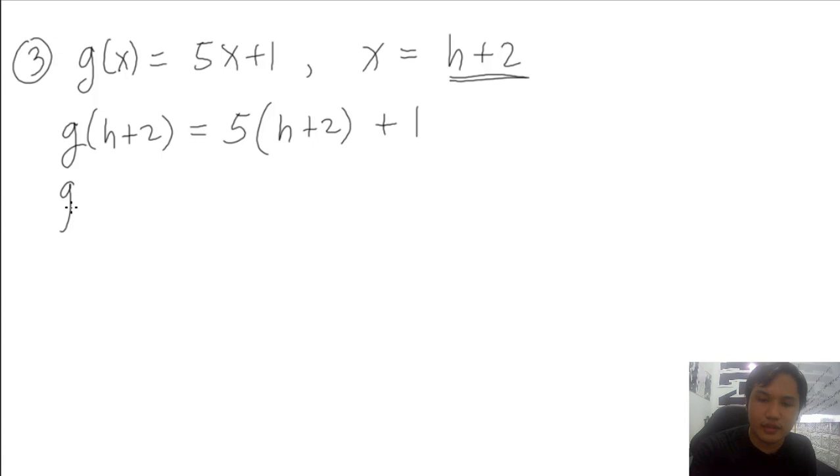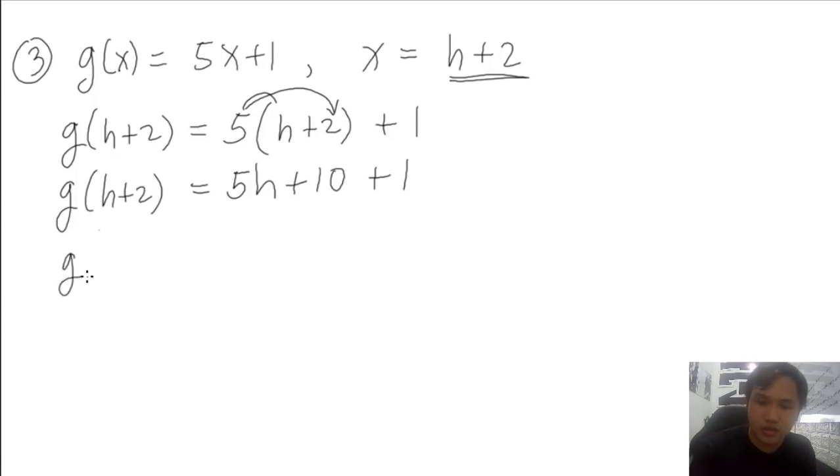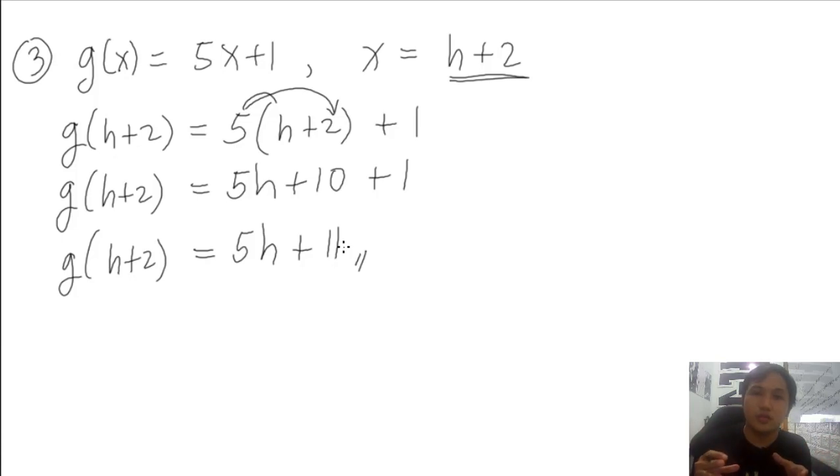And then simplify natin, g of h plus 2 equals, distributive property, we have 5 times h is 5h. 5 times positive 2 is positive 10. And then plus 1. Simplify pa natin kung meron pang pwedeng i-combine na terms. G of h plus 2 equals 5h plus 10 plus 1 is 11. Since merong variable to and then ito constant, hindi na siya pwedeng pagsamahin through the operation of addition.